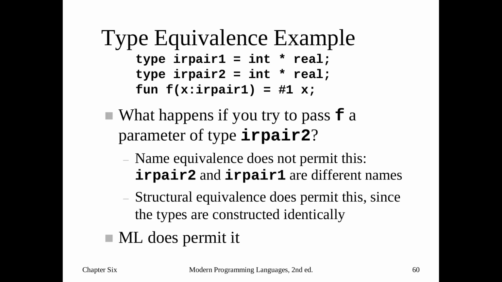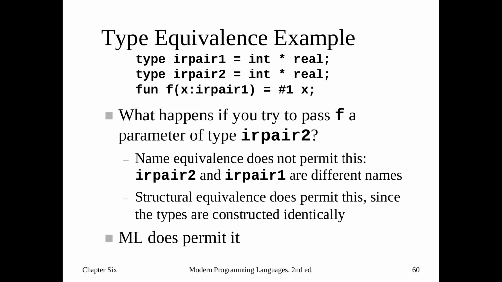So for example, type equivalence in ML would be: we create a type IR pair 1 and IR pair 2. They're both int by real. If we create a function where we have x of type IR pair 1, and it returns the first of the tuple of x, we could actually pass in both IR pair 1 and IR pair 2.